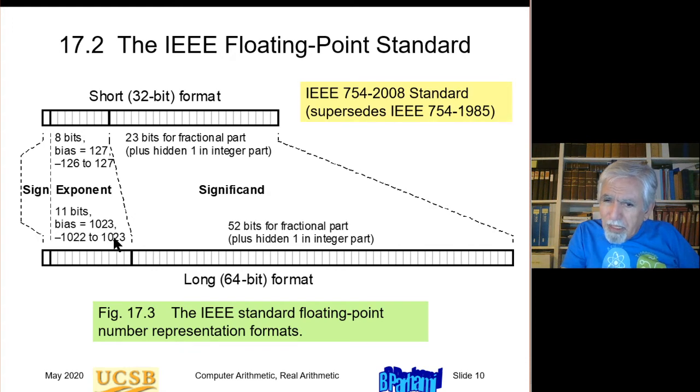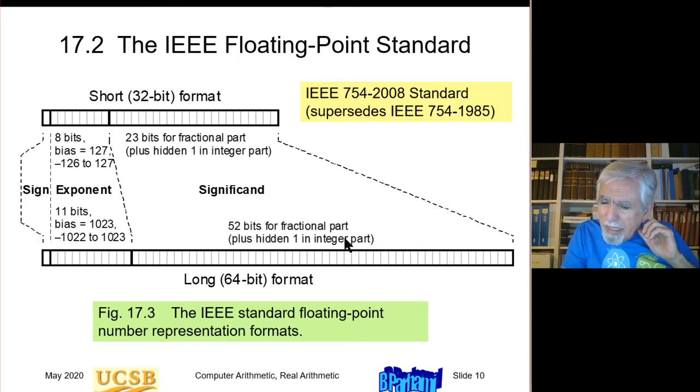And the most positive is 1023, which is encoded as 2046. Again, 0 and 2047 are not used. Again, there's a hidden one with 52 bits.